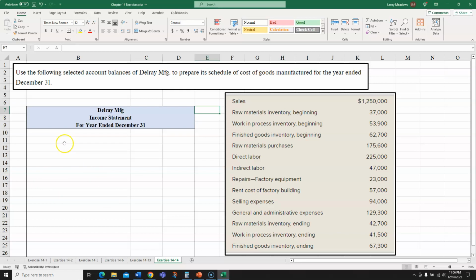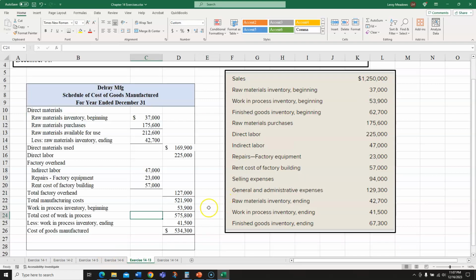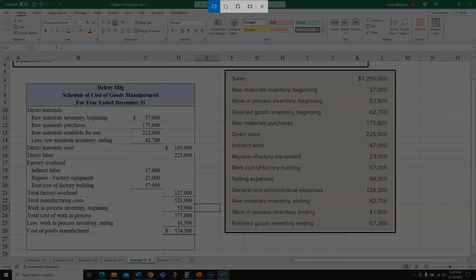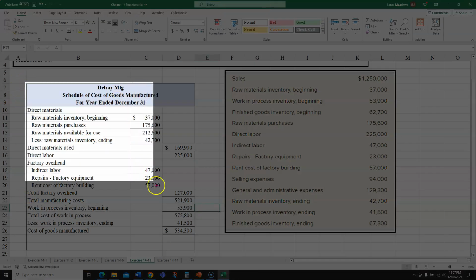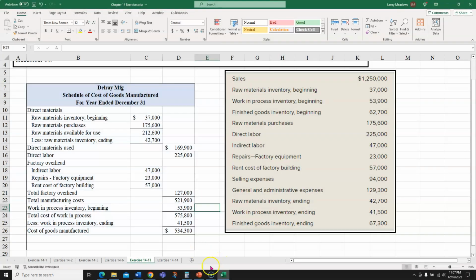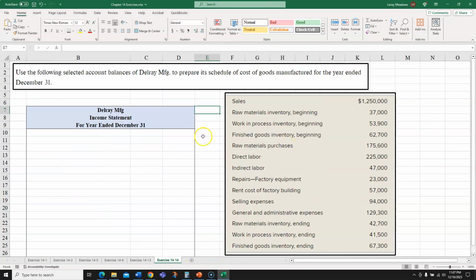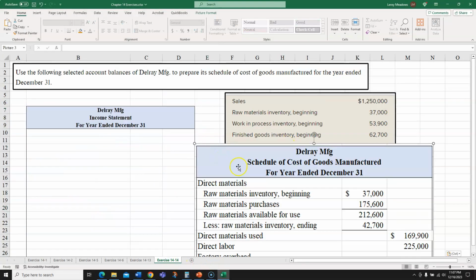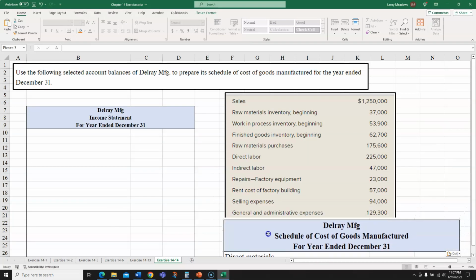The cost of goods sold is an analysis of the finished goods account. So I'm going to go back here real quick and snip this, and I'll put that over here so that way I have it whenever I need it.